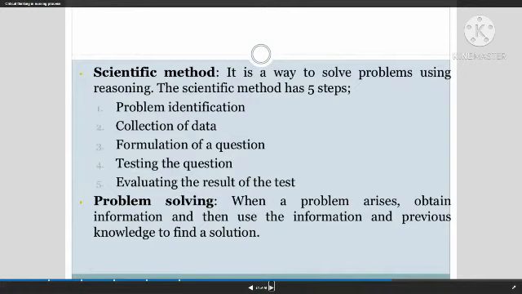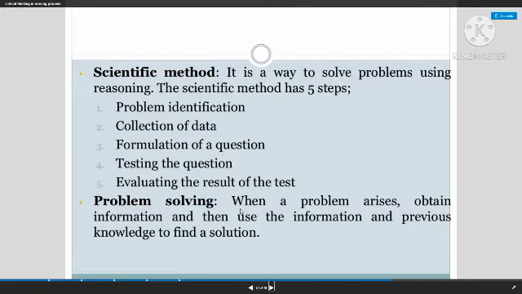So, the scientific method, this is the explanation. There are 5 steps: problem identification, that is the assessment, then collection of the data, then formulation of a question, testing the question, then evaluating the result of the test. So after formulating a question, you test whether it is relevant or not, then come to the result of the test.